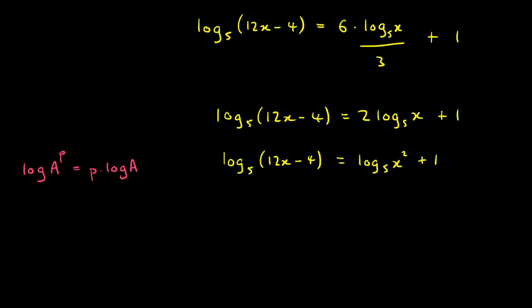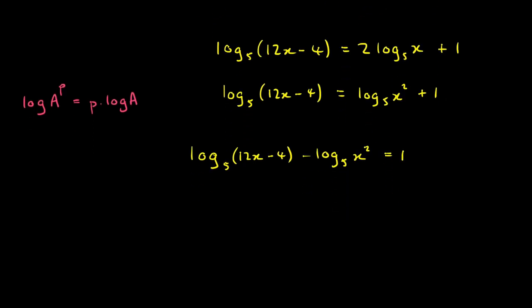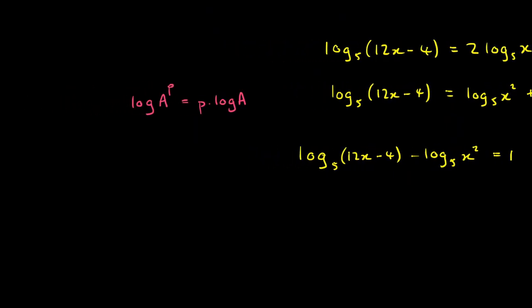Okay, well, next thing I'm going to do is rearrange, and I'm going to subtract the log of x squared onto the left-hand side. So I've got log base 5 of 12x minus 4 minus log base 5 of x squared is equal to 1. So now I've got one log subtracted with another log of the same base.